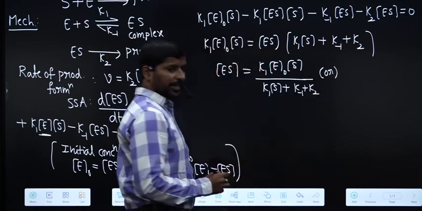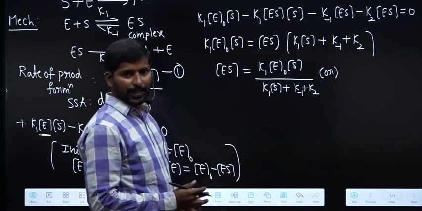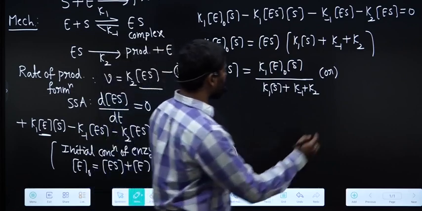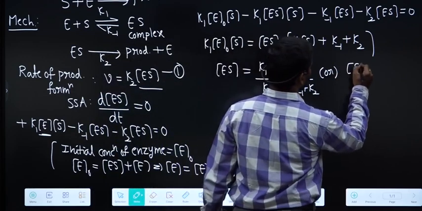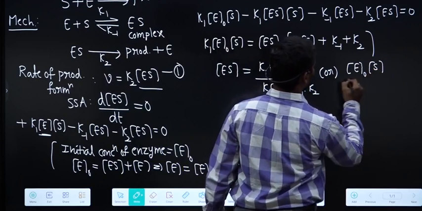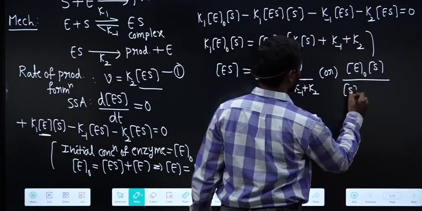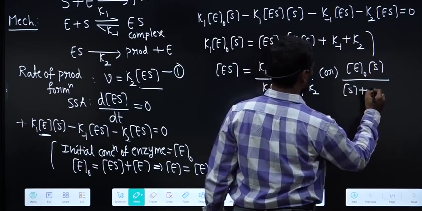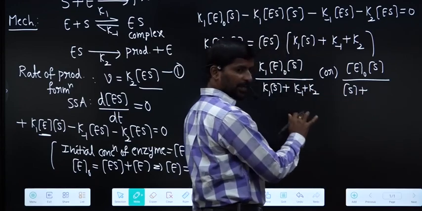Or we can write it like this also. If you divide numerator and denominator by K1, K1 gets cancelled, and we get E naught into S by the concentration of S plus K minus 1 plus K2 by K1.